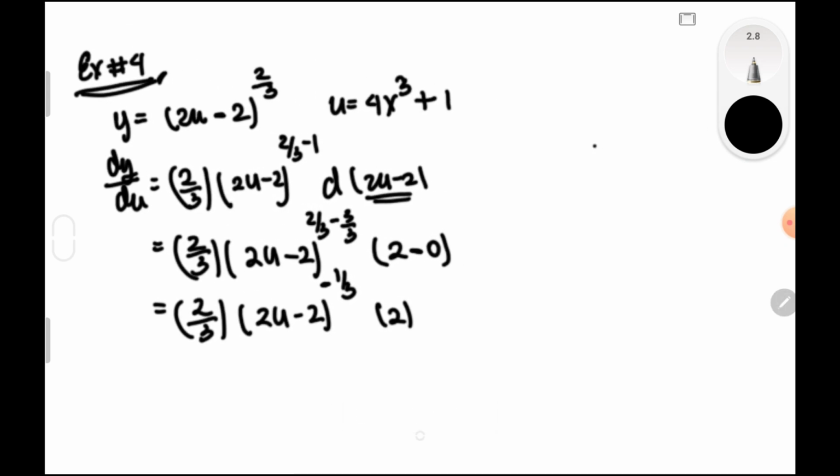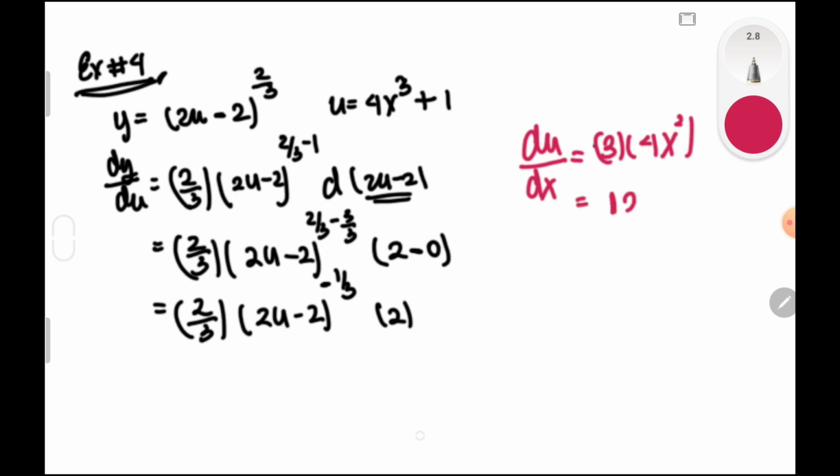Next is our du over dx, which is equal to 3 multiplied by 4x squared, which is equal to 12x squared. Okay.